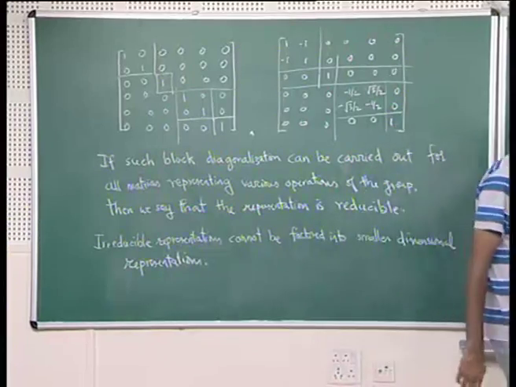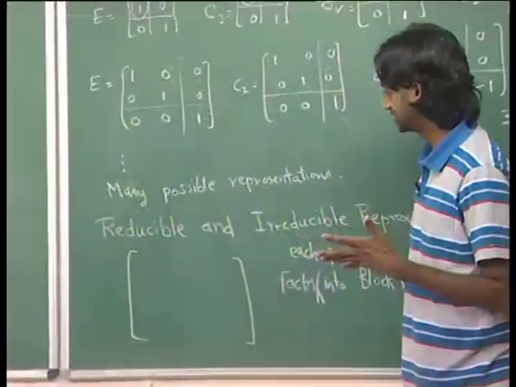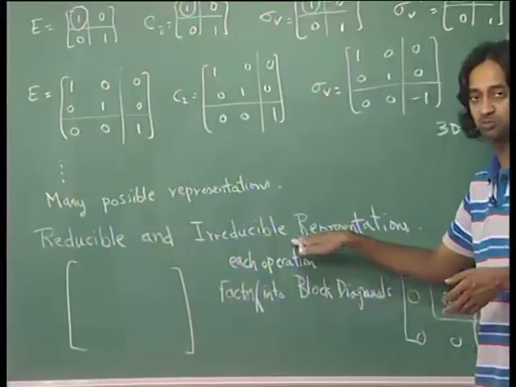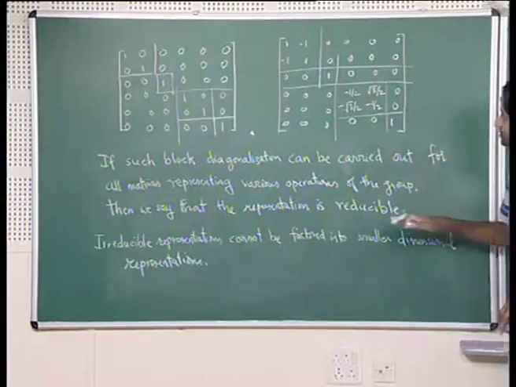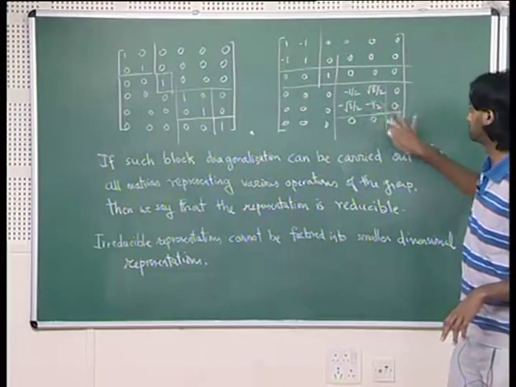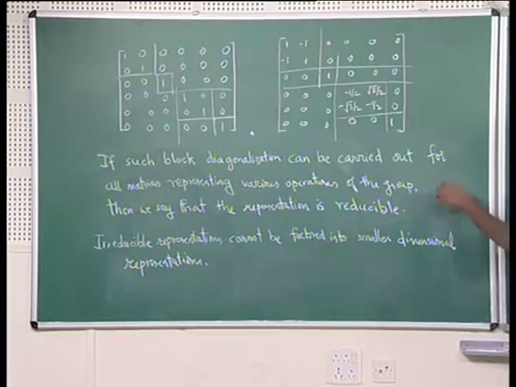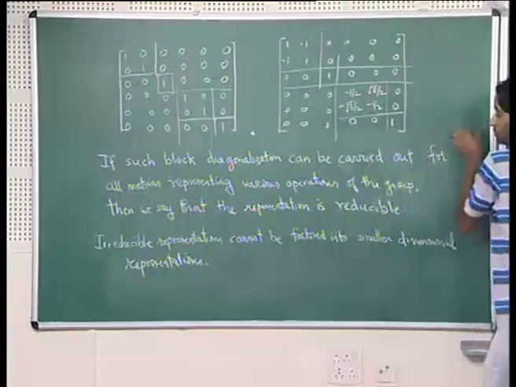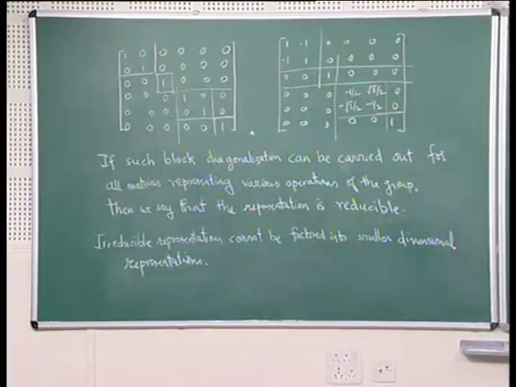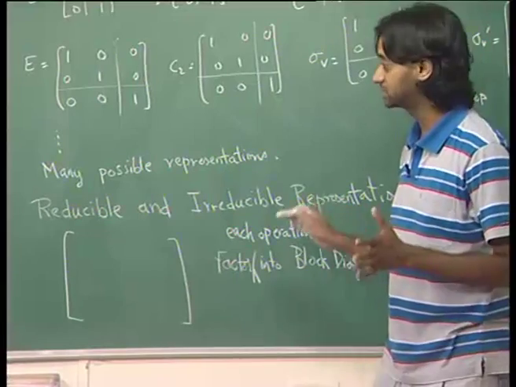Okay. So, what we have concluded by all these arguments is that there are two kinds of representations. There are reducible and irreducible representations. The reducible representations are those representations which can be factored into smaller blocks. Okay. The irreducible representations are those that cannot be factored into smaller blocks. For example, this one is an irreducible representation, but it is very important to keep in mind that this factoring has to be possible for all the symmetry operations.